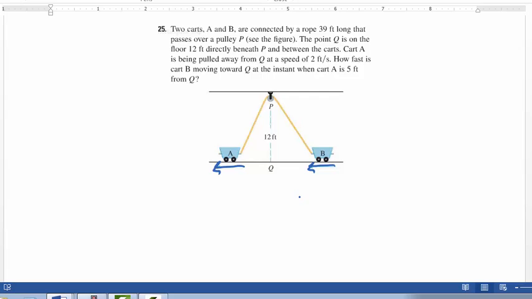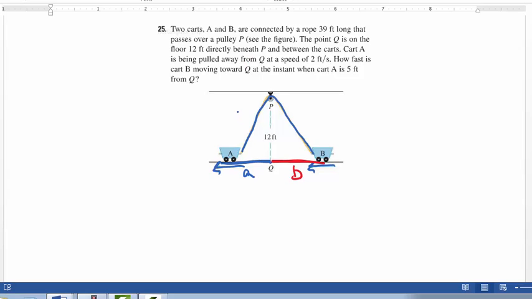Okay, so let's give these things labels, I guess. So we'll call the distance from Q to cart A, A, and the distance from Q to cart B, B. That distance is always 12. And now here's the little catch here, right? This rope has a total length of 39 feet.